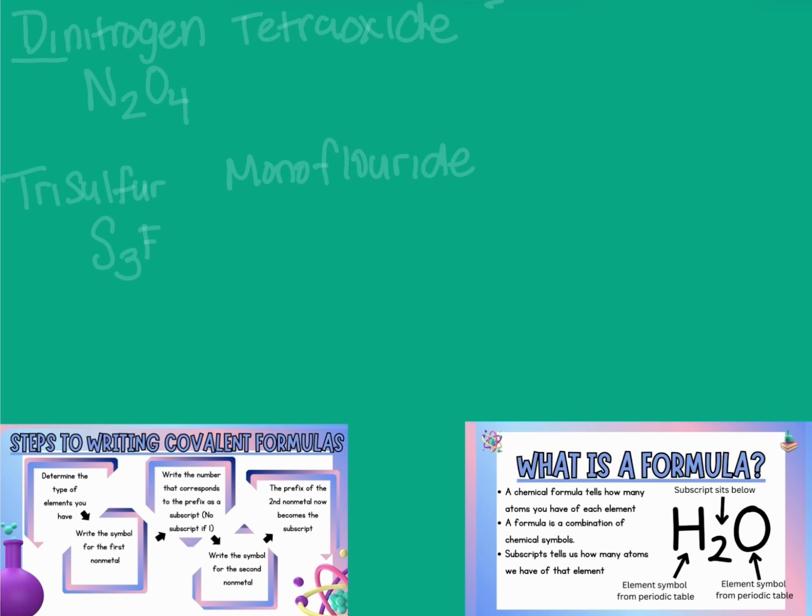Okay, so let's go ahead and go to how to write out a covalent formula. Now I like to look at writing a covalent formula as like the nickname of an element. It's really not the nickname, but it's kind of like how a dad may name his son as a junior.